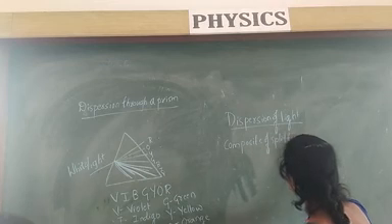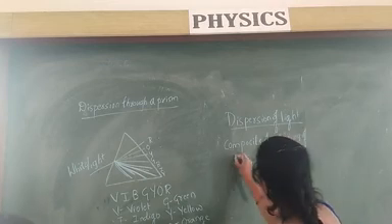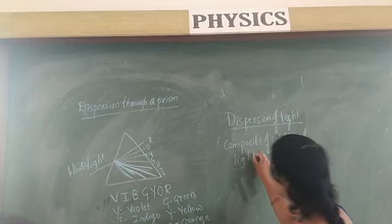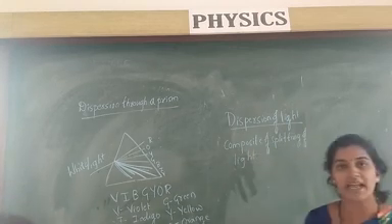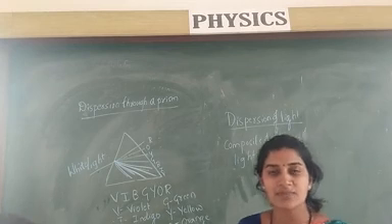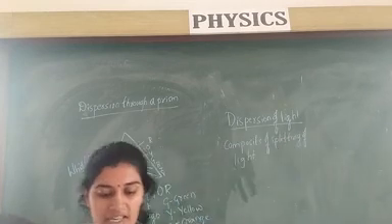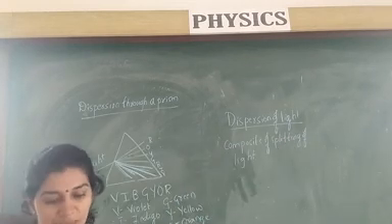Splitting of light is called dispersion of the light. The splitting of a light we are calling dispersion of the light. Now next, one more is dispersive medium.